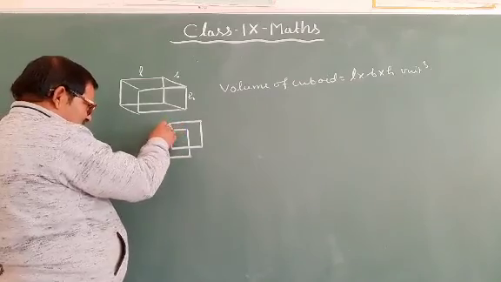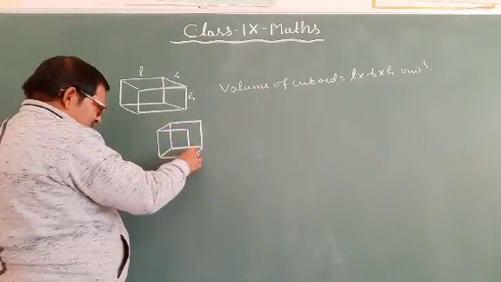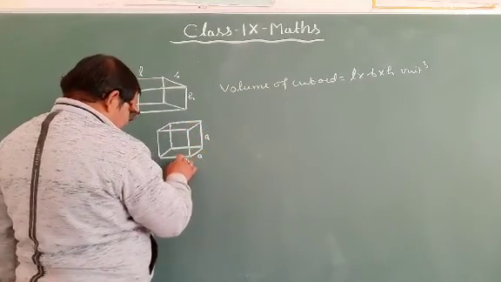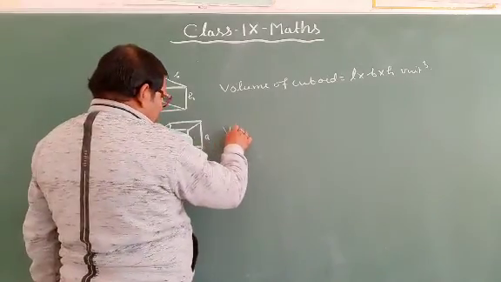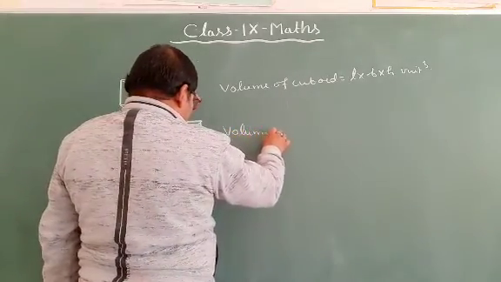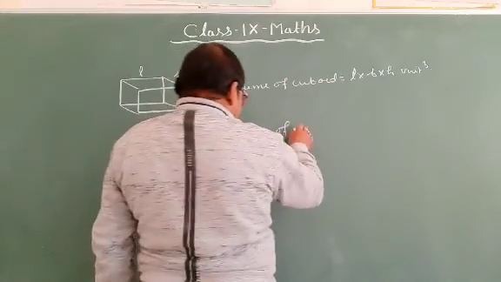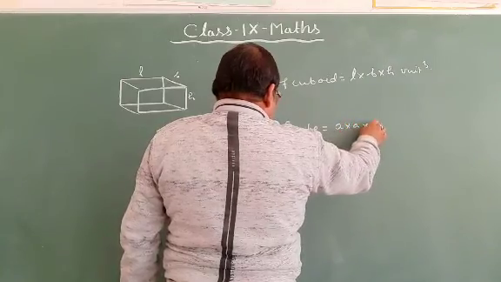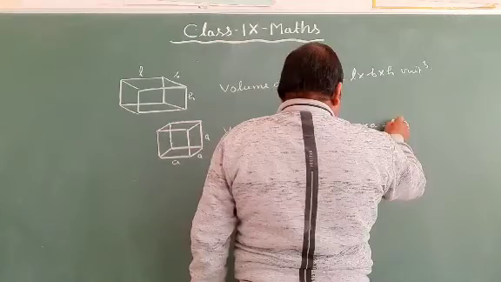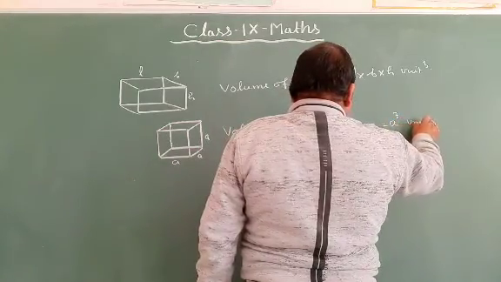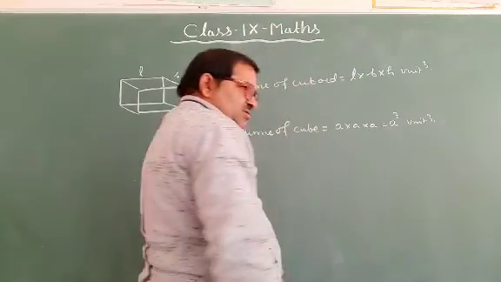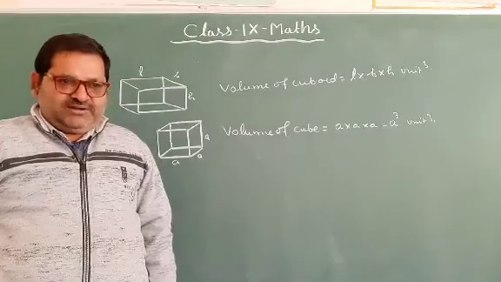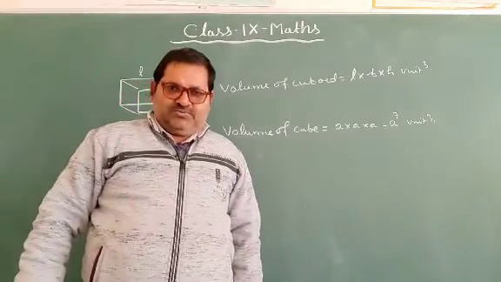Then we find the volume of the cube: with side a, the volume of the cube is equal to a into a into a, that is a cube units. This is the formula of the volume of a cuboid and the volume of a cube.